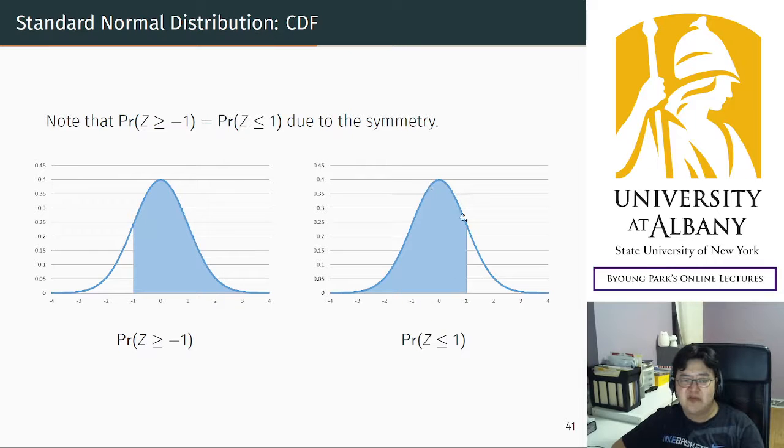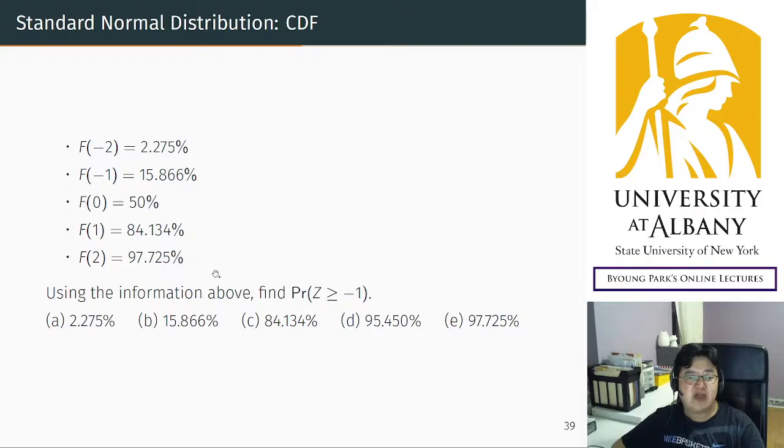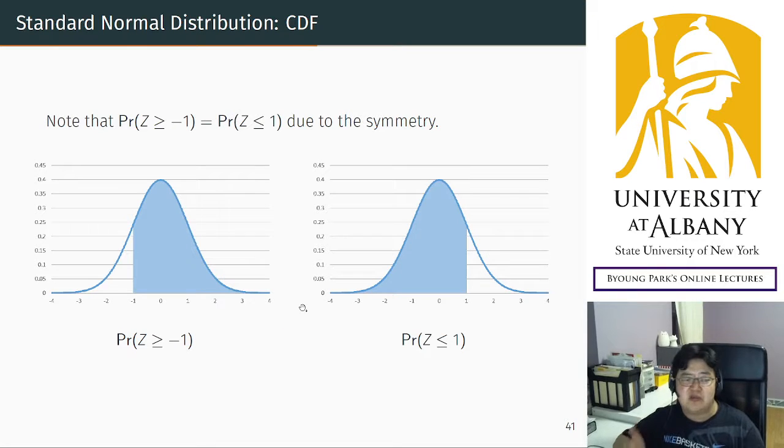And this area is the probability of 1 or below, which is a cumulative probability, so you know how to calculate this. We have that here. The probability smaller than 1 is 84.134%, which is again the same. So there are two different ways. Either way, there is no problem, but it's important to understand how you got the answer.